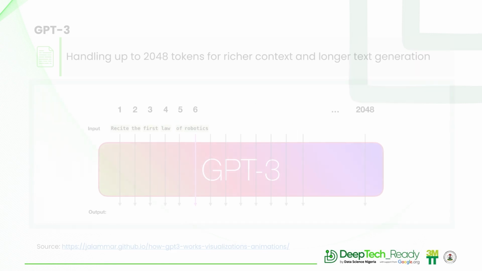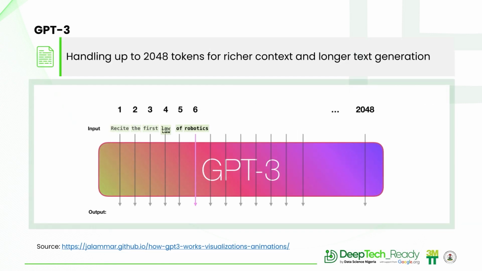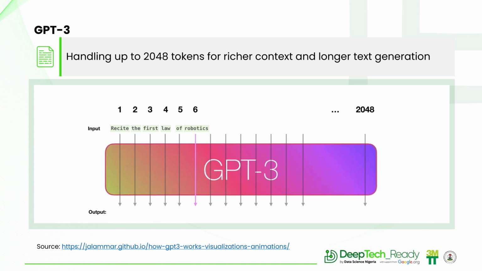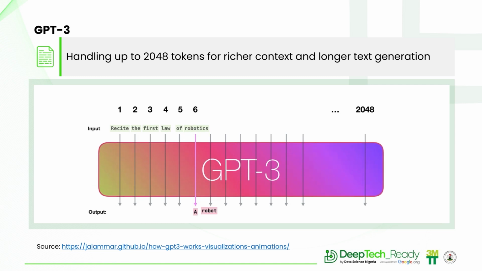GPT-3 can handle 2048 tokens, which is a significant increase from GPT-2's 1024 tokens. This expansion allows the model to process longer sequences of text and helps in capturing more context.